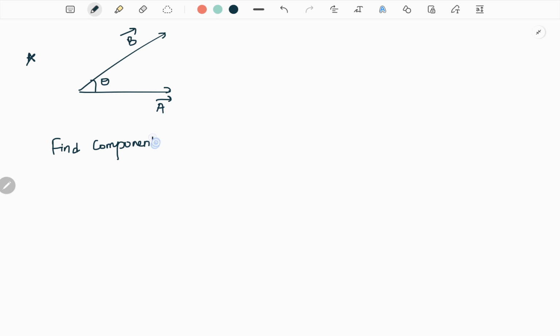Now let's say there was a question something like this: find the component of a bar parallel to b bar. So how are we going to find that? See here, a bar makes an angle of theta along the direction or parallel to b bar. So we can basically resolve a bar into two components.